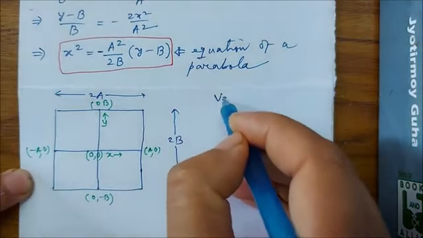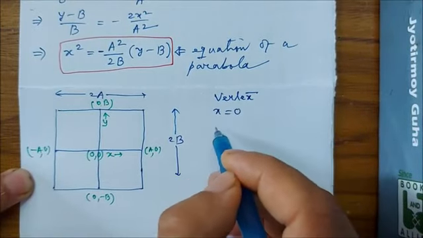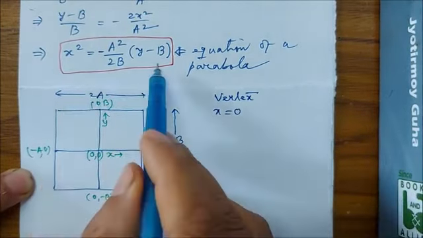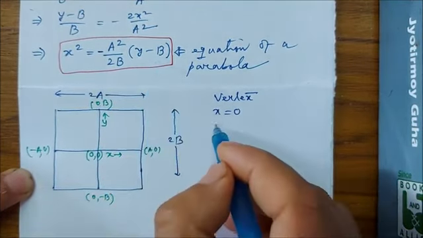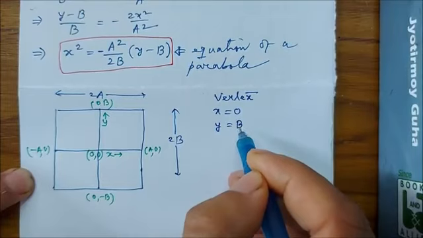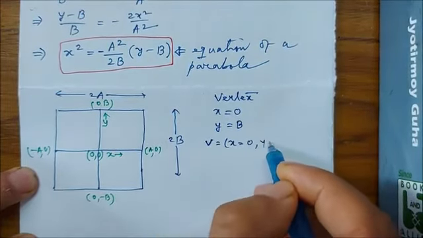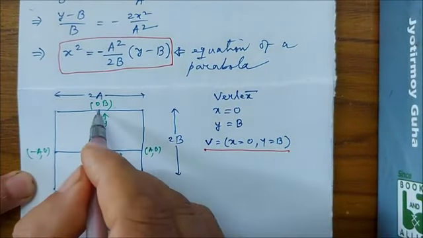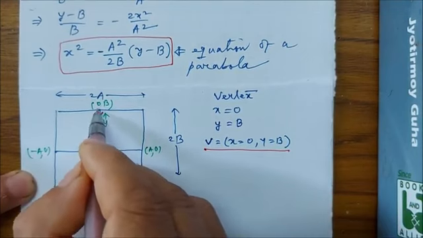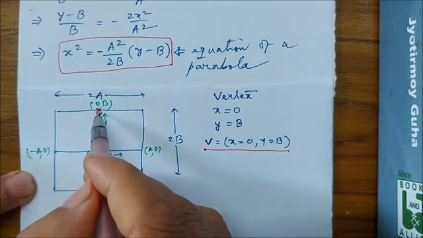And the vertex is obtained by putting x equal to 0, and if we put x equal to 0 in this equation, we have y equal to b. So the vertex B has coordinates x equal to 0, y equal to b. And 0b is this point. So this is the vertex, and the pattern passes through this point.